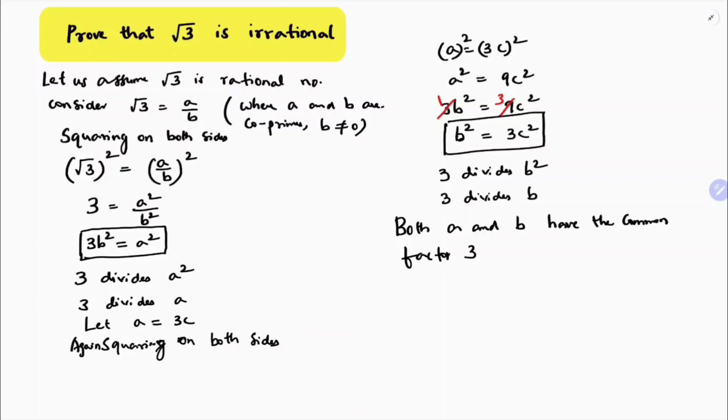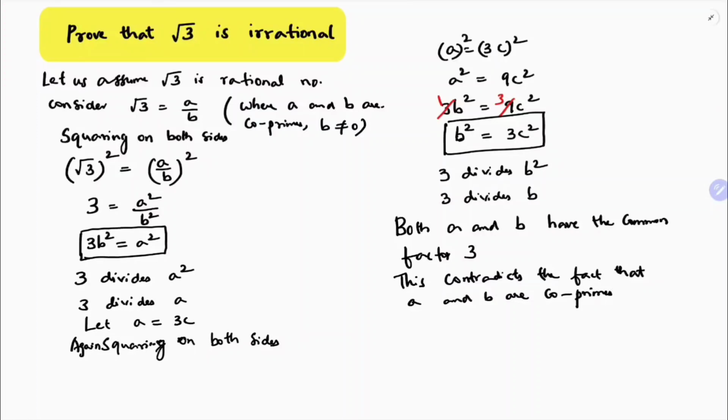So this contradicts the fact that a and b are co-primes.